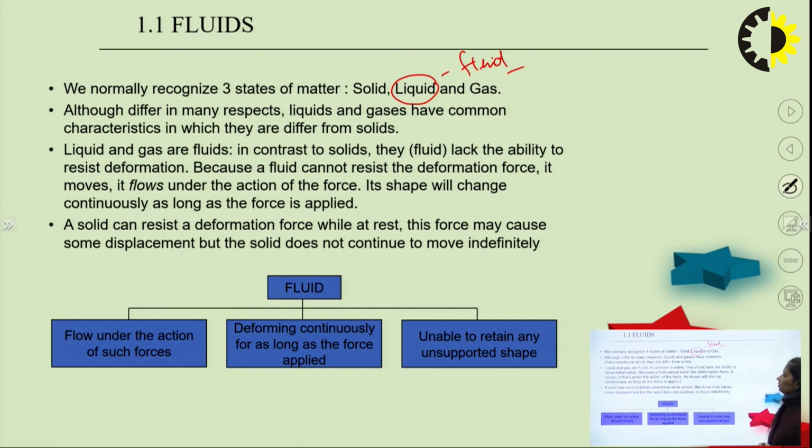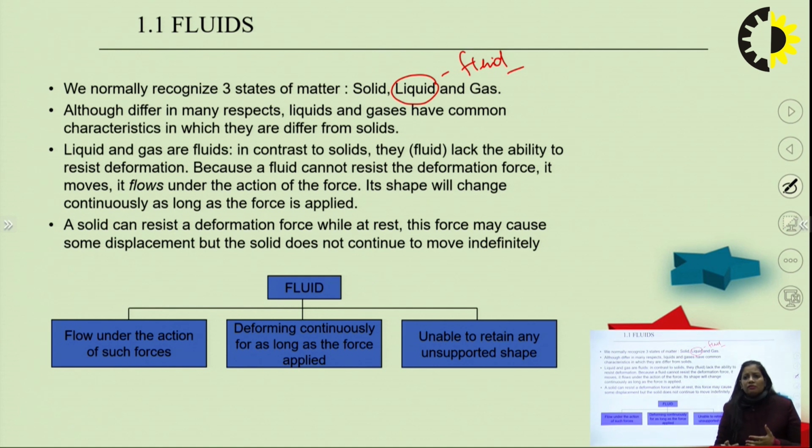Although they differ in many respects, liquids and gases have common characteristics in which they differ from solids. Whenever we apply some kind of stress to a solid, it does not deform instantly.